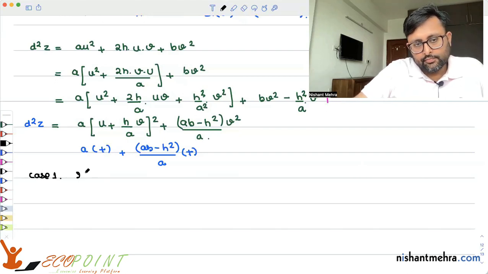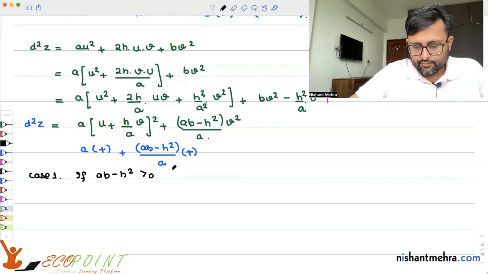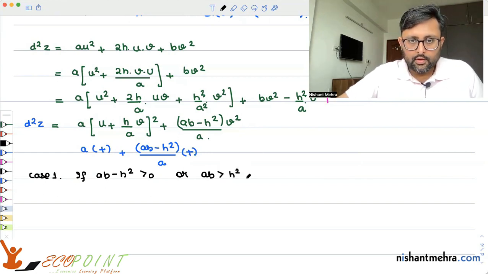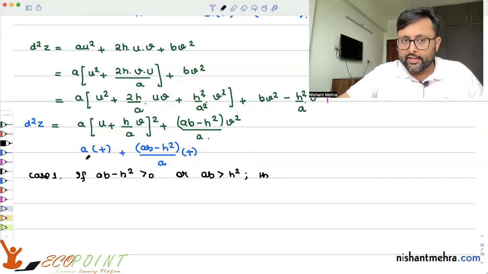Case 1. If ab minus h square is positive, or ab is greater than h square. So this is given to you, that ab minus h square is positive. That is given to you. So everything is now dependent upon the sign of a. So this is positive.